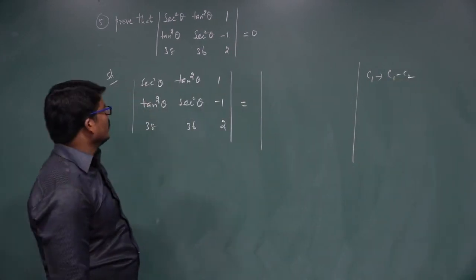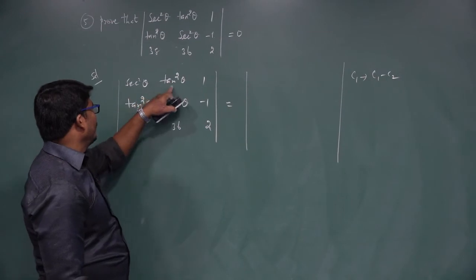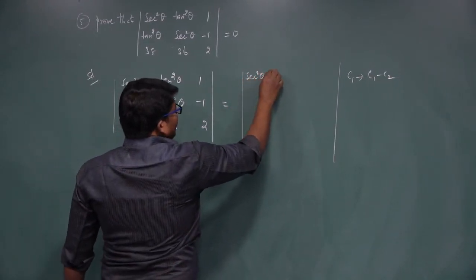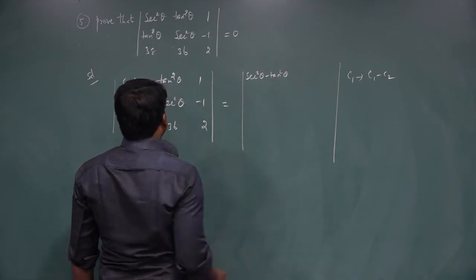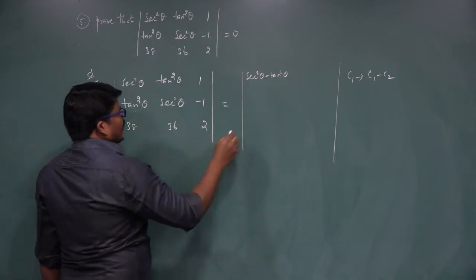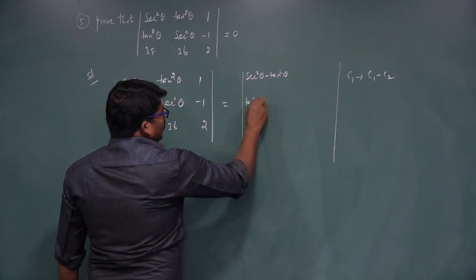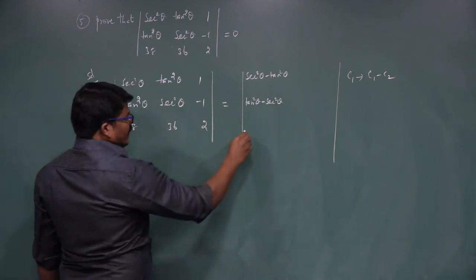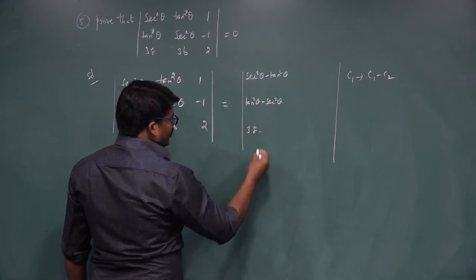C1 minus C2 gives secant square theta minus tan square theta in the first entry, and the second one tan square theta minus secant square theta, and the third one 3 minus 3.